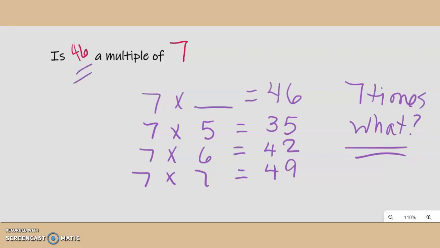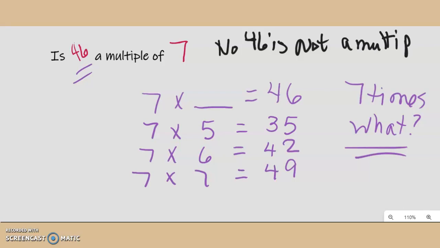Well, nothing. So what I'm saying here is, if I have 7 and I multiply 7 times anything, will I ever get 46? No. 46 is not a multiple of 7, ever.